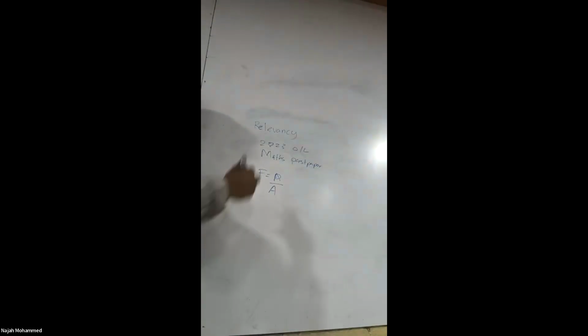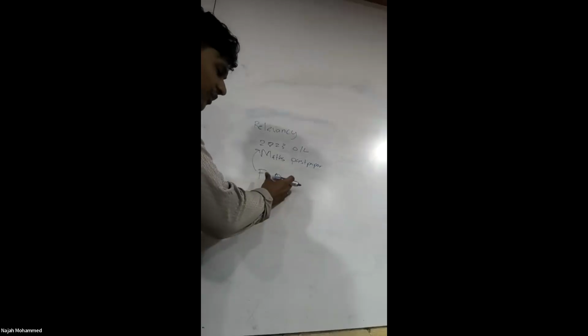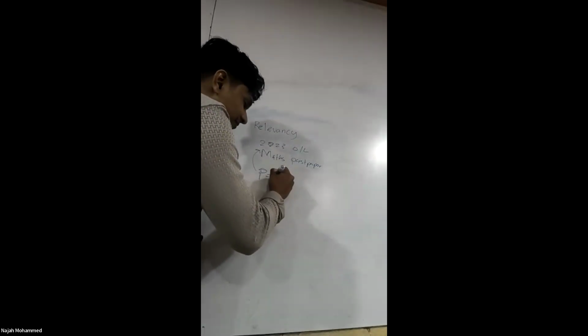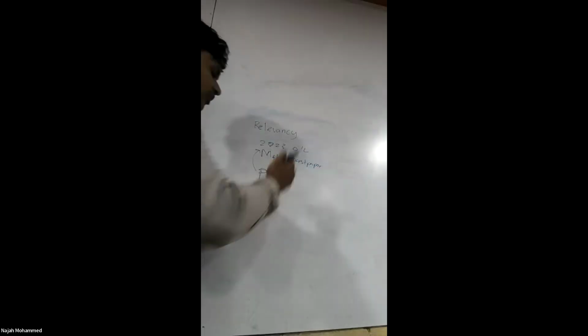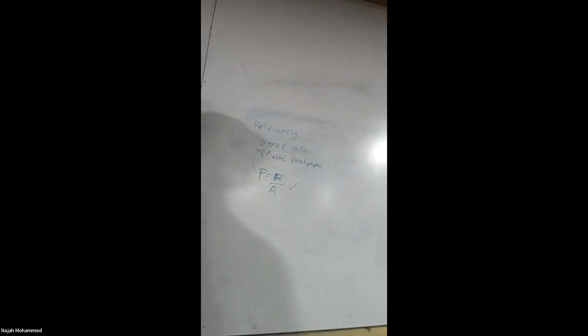Now what happens? Is this relevant to what you are talking about? Is force equals pressure over area relevant? No, right? This information is correct. Pressure is actually equal to force over area. That's in science, physics.